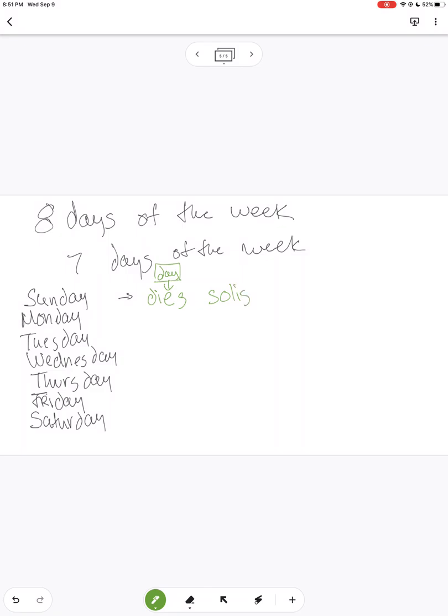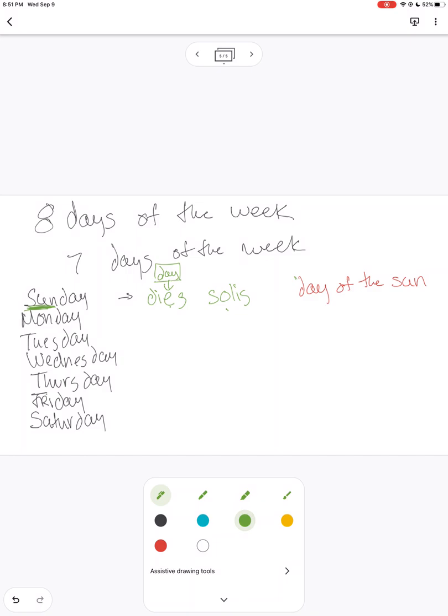Now, what does solis mean? It looks a little bit like solar, right? Which means it's a word relating to the sun. Notice how we call it Sunday. So, day of the sun is how you would translate dies solis.